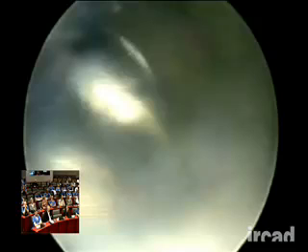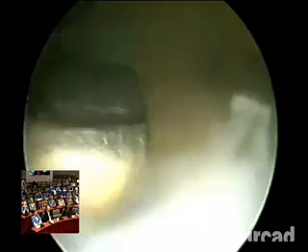Yes. And now I divide the trapezium into 4 quadrants. So we will remove now the dorsal ulnar side. Because this will make an increased space so we can do the rest of the procedure easier. Can you see? Yeah, very well. Christoph speaking again. How many millimeters do you remove?